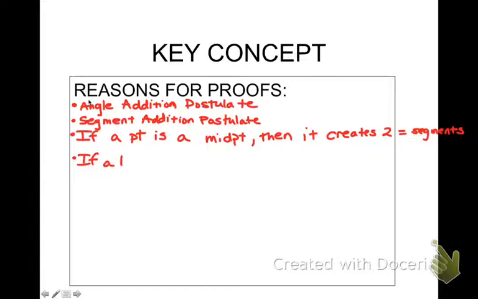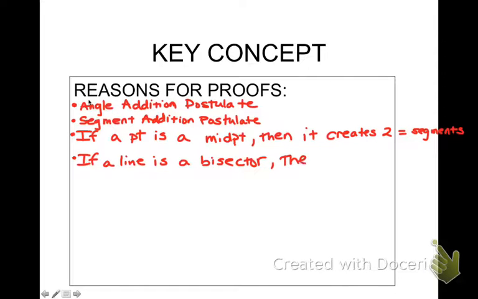What about if a line is a bisector? What happens if I have something that's a bisector? Something is bisected. What does that mean? It cuts it in half, or it creates two equal parts.